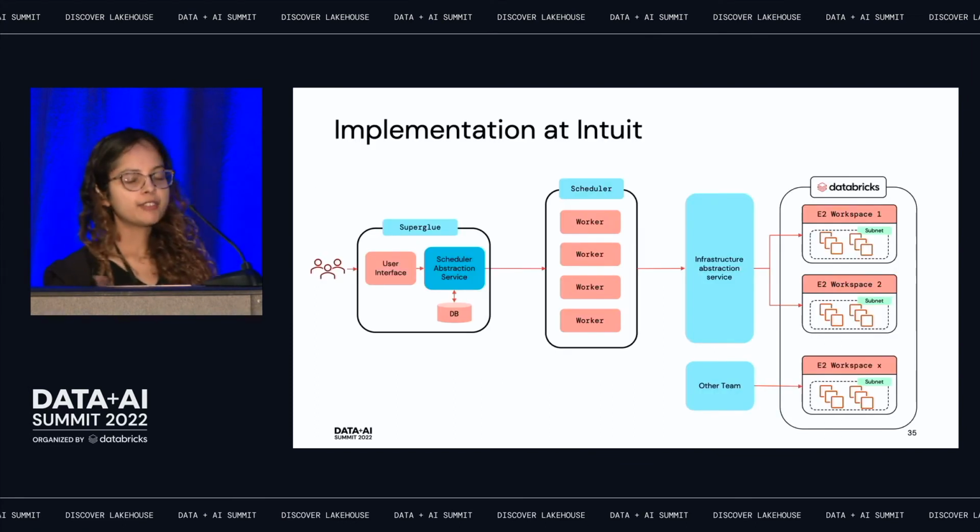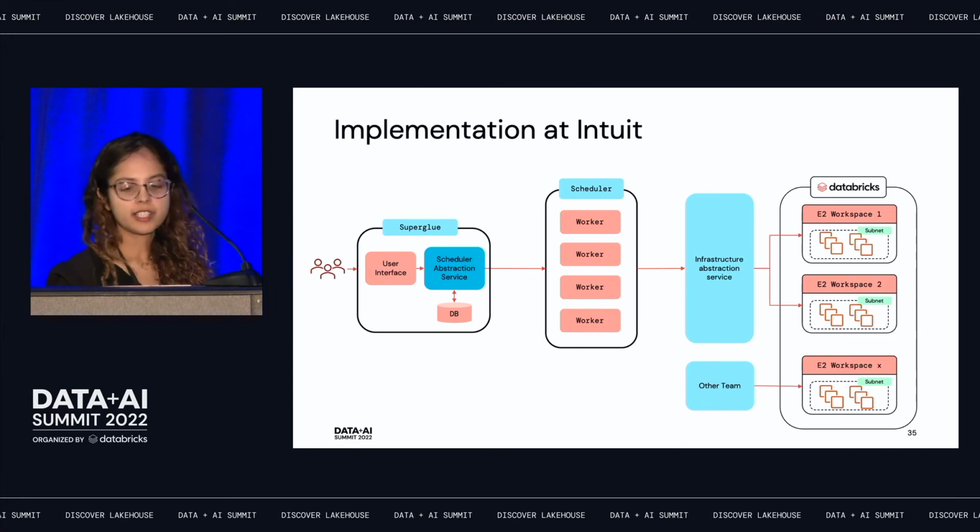So this is a high-level implementation at Intuit. I'm not going to go into detail, but at a high level, the user comes and schedules their jobs on Superglue. They build their pipeline, and that's scheduled. It goes through an infrastructure abstraction service.